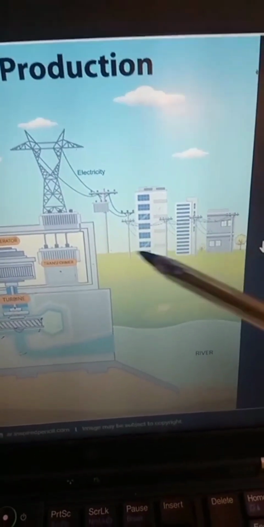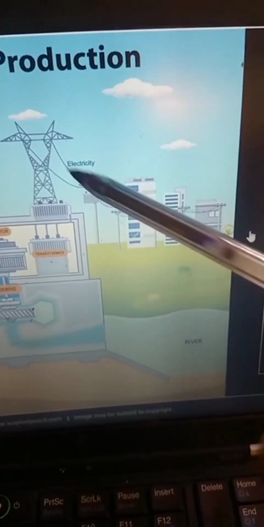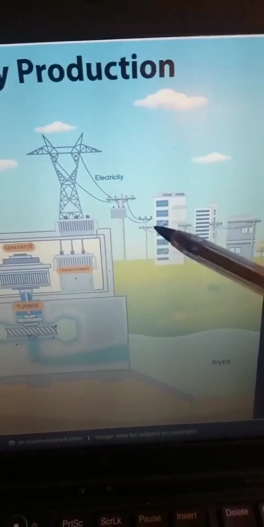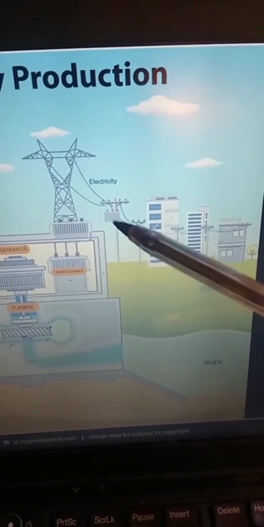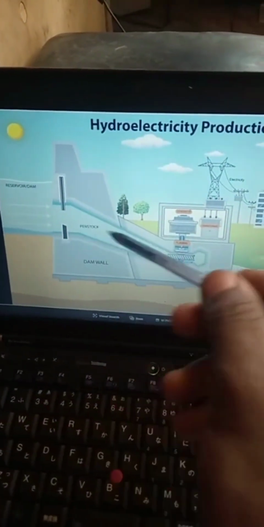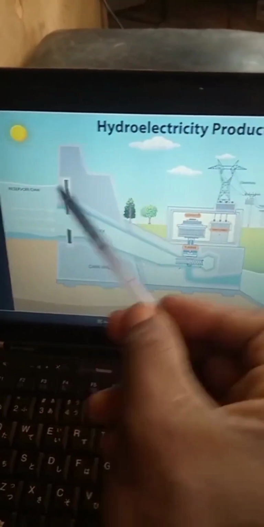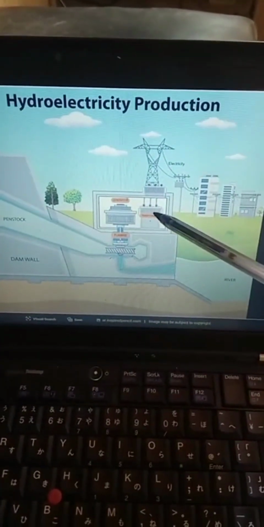We will see why these poles are built like this, and why these safety gadgets are put. So if you have a question on this lesson, let me know. If you want me to clarify any step from the water flow here up to the step up transformer here, let me know.